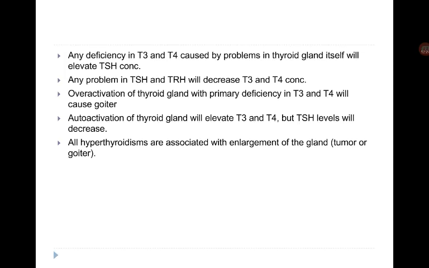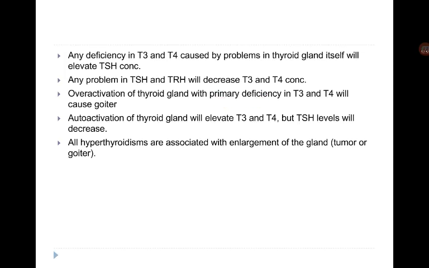Another note is that any problem in TSH or TRH is going to affect the thyroid gland. Why? Because we do not have the stimulus. If there is no stimulus, there is no secretion. Okay. Now, why do we have goiter in the primary deficiency of the thyroid gland?